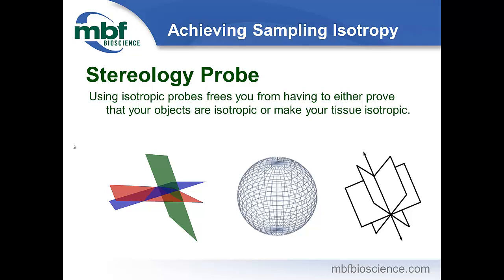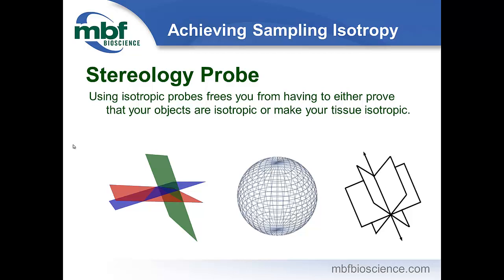If the probe itself ensures that your feature is interacted with in all possible orientations, then you don't need to prove that your objects are isotropic or make your tissue isotropic.